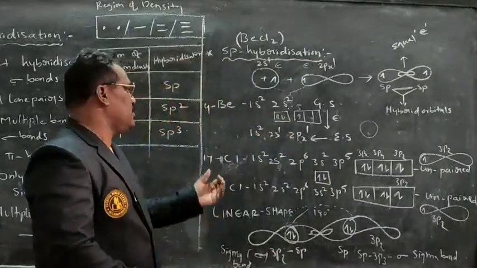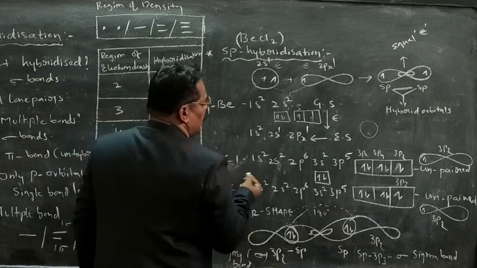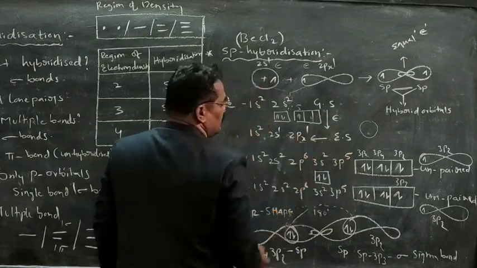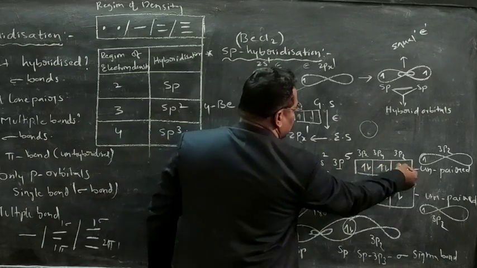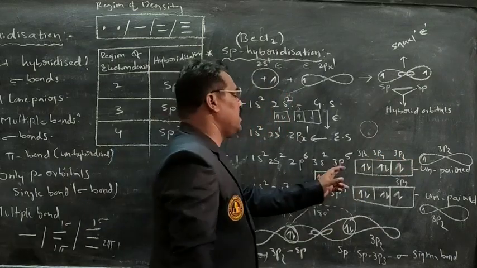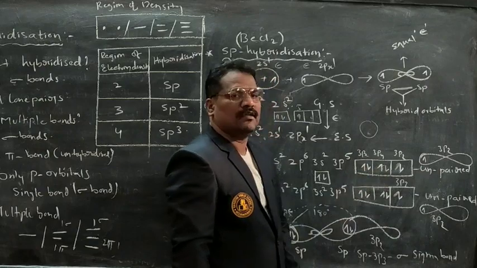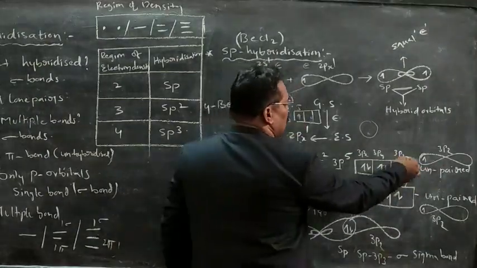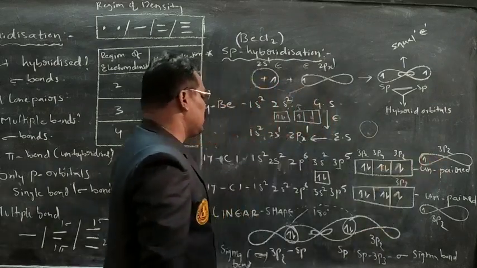Next, coming to the chlorine atom. Atomic number is 17, electronic configuration is 1s2, 2s2, 2p6, 3s2, 3p5. The 3p orbital is split into 3 different subshells, 3px, 3py, 3pz. Electron pairs fill 1, 2, 3, 4, and 3pz is unpaired. I have drawn a diagram of the 3pz orbital with the unpaired electron.